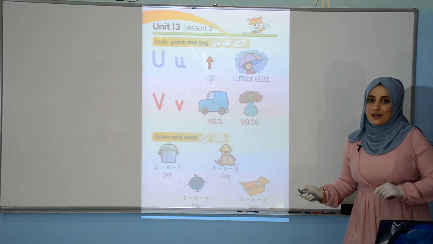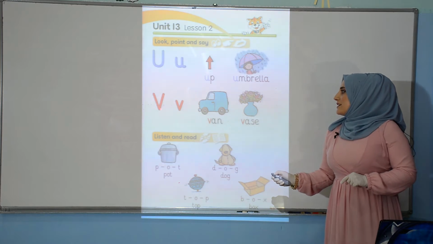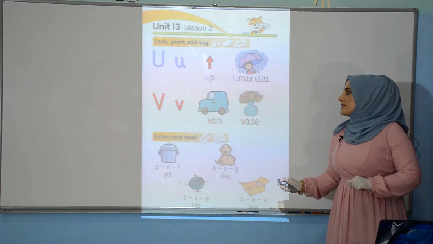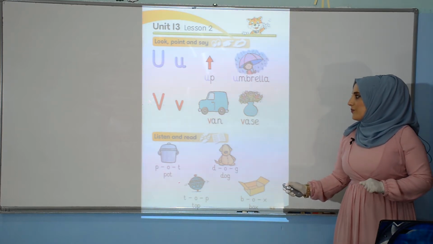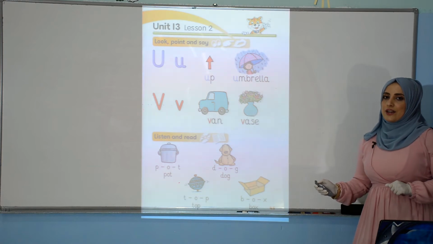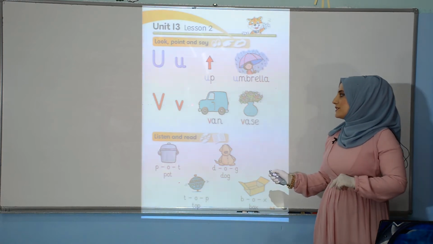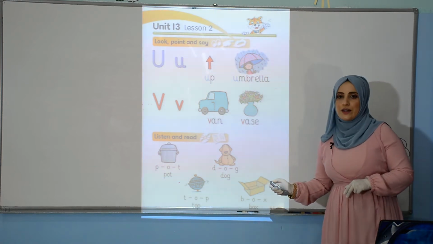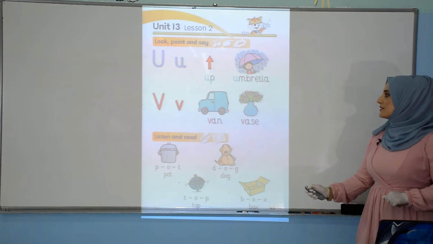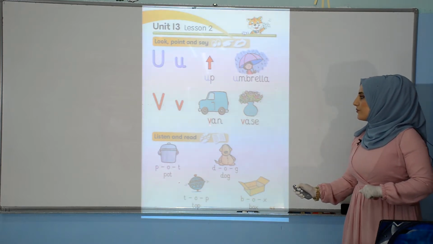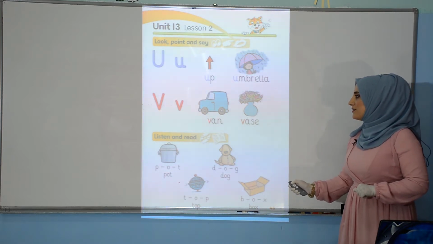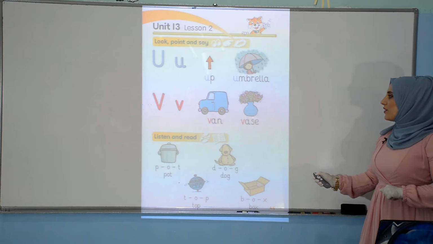And what is the sound of V? V, it's V. We have to say V. Okay, capital and small, they have the same sound, which is V. Let us read the words. Van. Van.